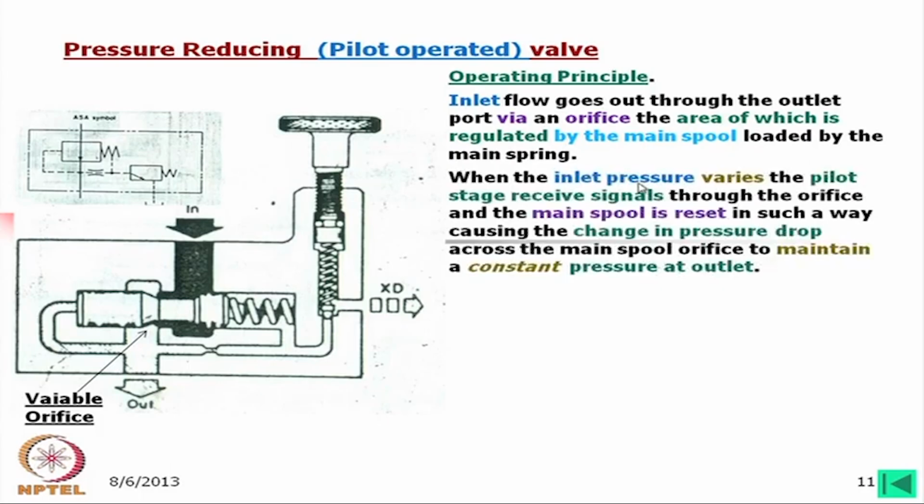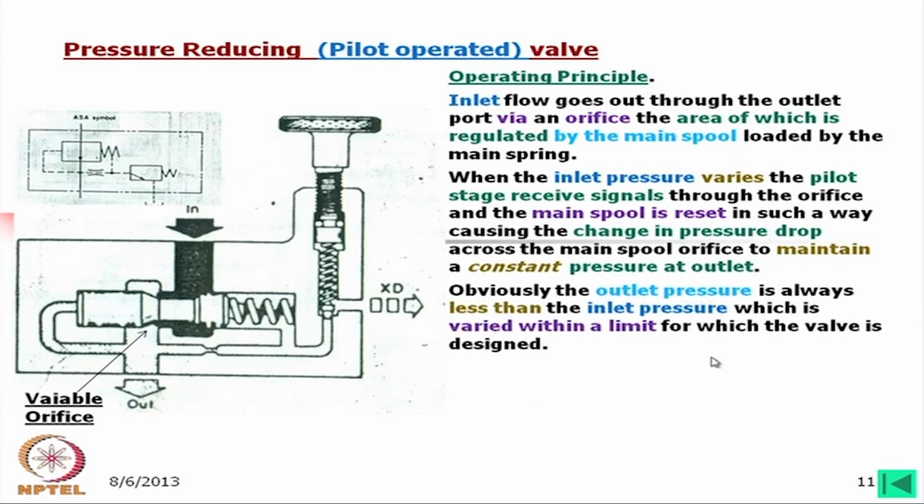Then when the inlet pressure varies, the pilot stage receives the signal through the orifice and the main spool is reset in such a way, causing the change in pressure drop across the main spool orifice, to maintain a constant pressure at outlet. This means, when here this opens, then this will reset to the controlled pressure.